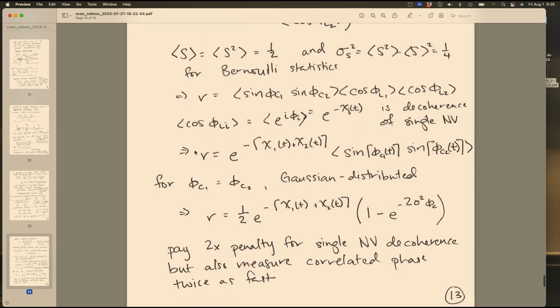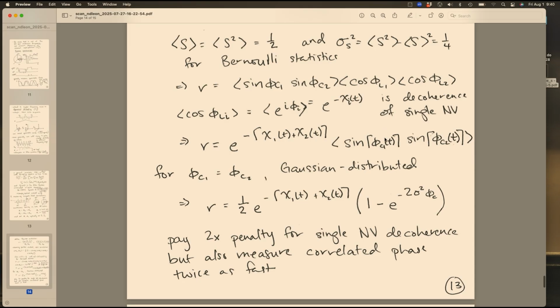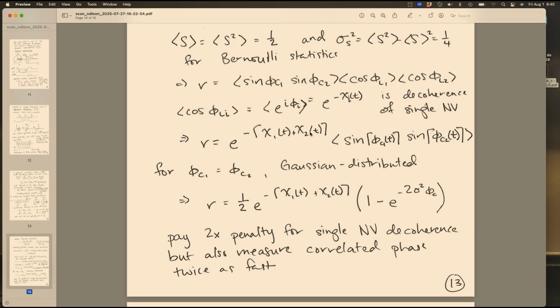And then now what I can do is write down my Pearson correlator in terms of this decoherence function, and then this correlation in the phases of the two different NV centers. Okay? So in some sense, you can think of this as my local noise, this as my correlated noise, and this is how I'm able to separate the two of them out.